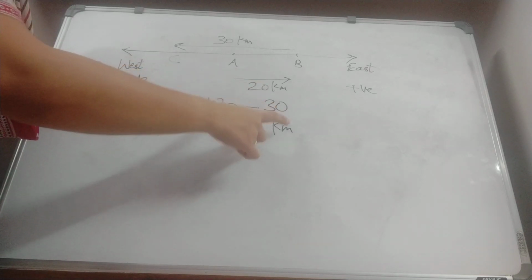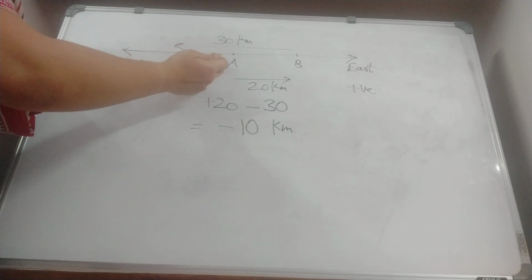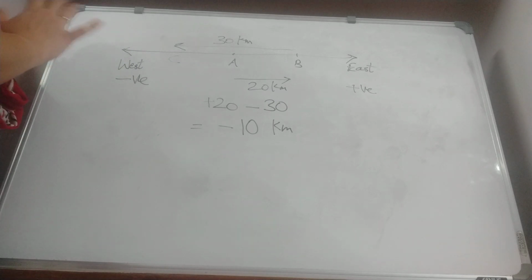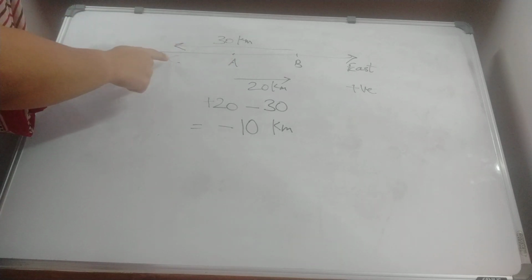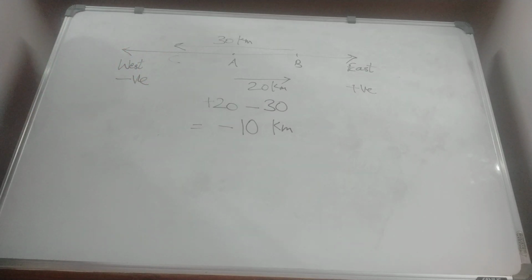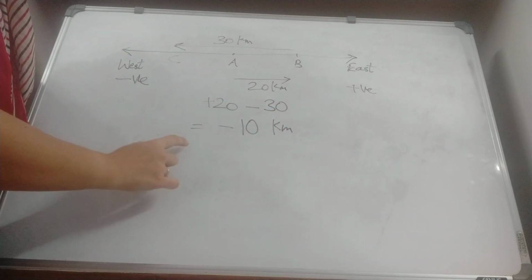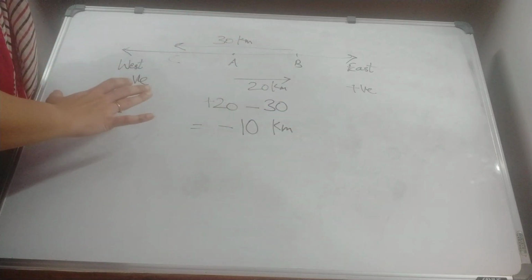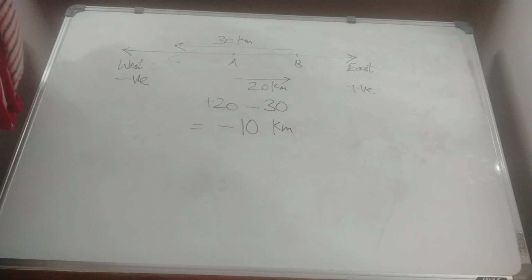Now when you solve this, you will get minus 10 kilometers, which means that she is 10 kilometers towards west from A. It does not mean she is minus 10 from A. It means she is 10 kilometers towards west from A. So when you do it in your notebook, your final answer after solving this, you will write, so she is 10 kilometers towards west from A. Is that clear? So this is how we do this question.